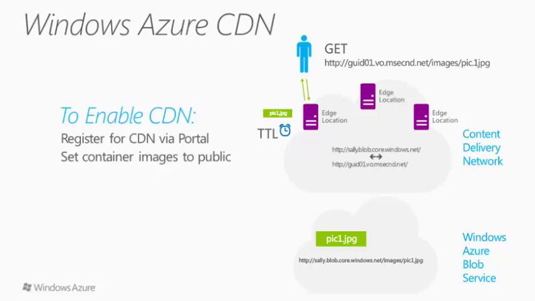Also, I want to highlight one point. For example, let's say that we want to cache this picture on CDN nodes for 60 seconds, so for 1 minute. This 1 minute will not work with a sliding expiration, because in that case it would be really funny.